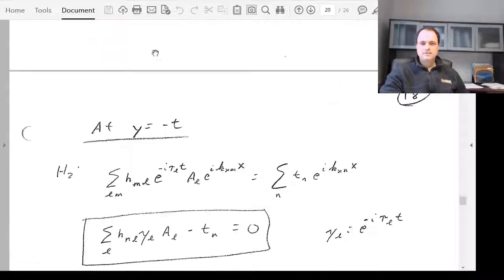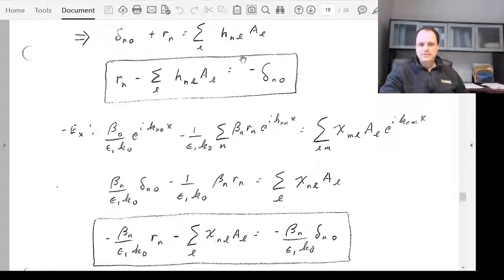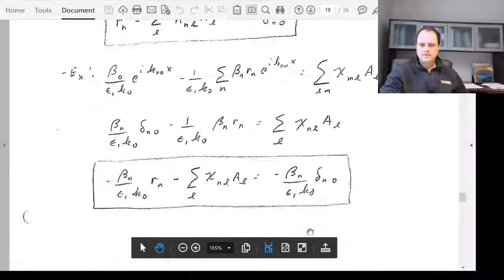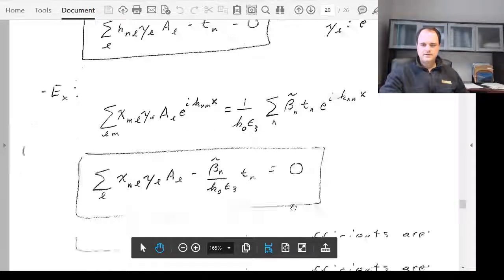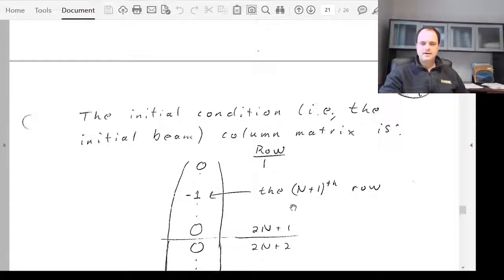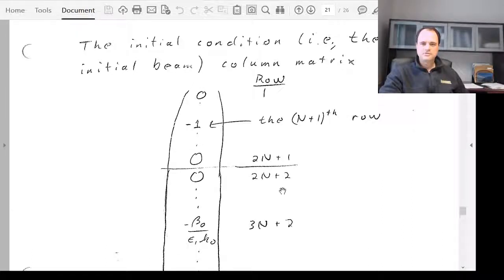All right. So then we have the right-hand sides, this and this and this and this. And we combine, and that is our known initial condition column matrix. 0, and then for the 0th order incoming wave coming down, we have a minus 1.